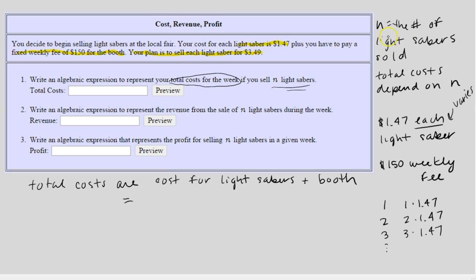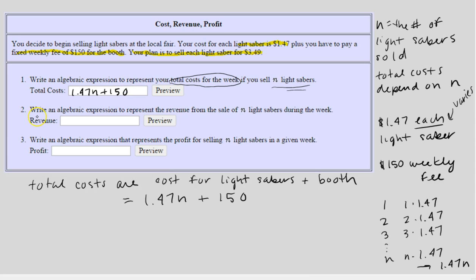Or in general, if we sold n lightsabers, it'd be n times 1.47. And we like to write that as 1.47n, plus the 150 for the booth. Okay. So this is our algebraic expression, 1.47n plus 150. And that's for our costs.